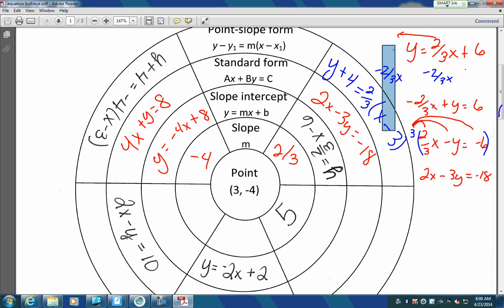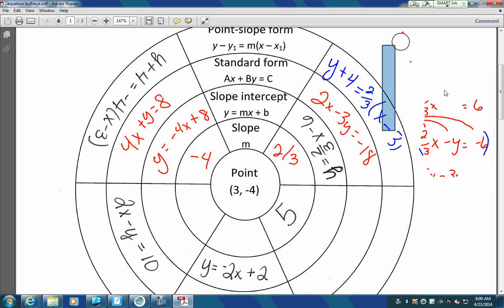All right, this right here. Let's do this one. 2x minus y equals 10. If I want to put that into slope-intercept form, let me try and erase. All right, so I'm going to do 2x minus y equals 10.